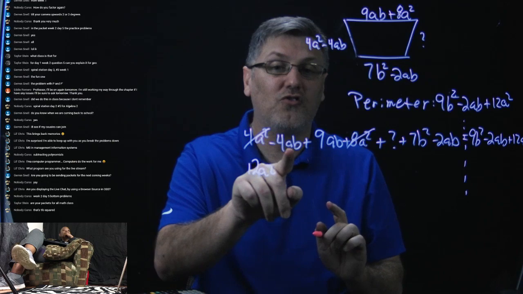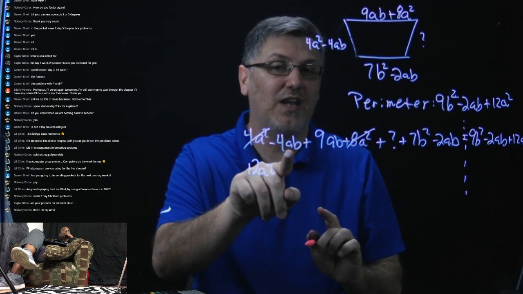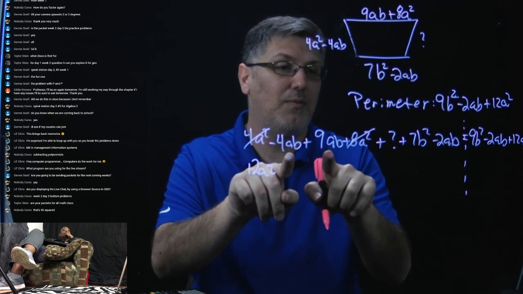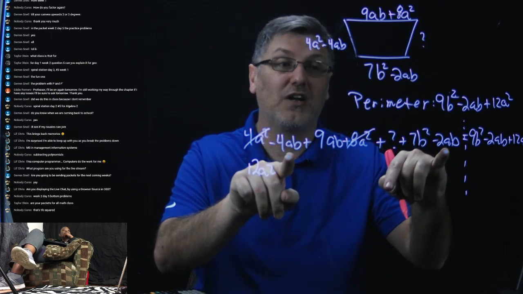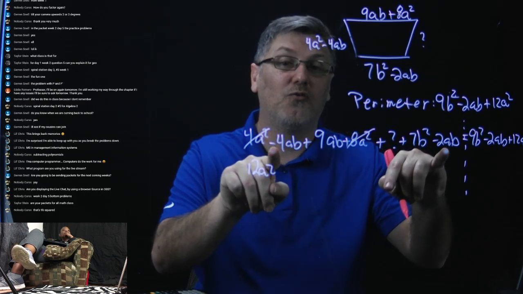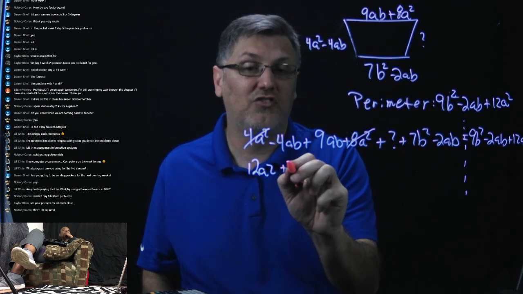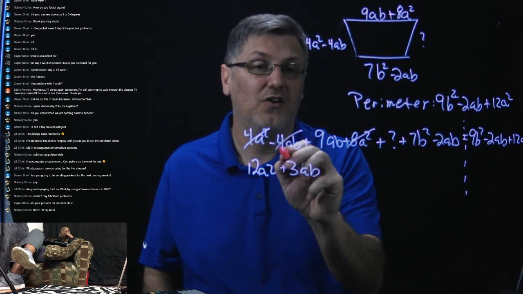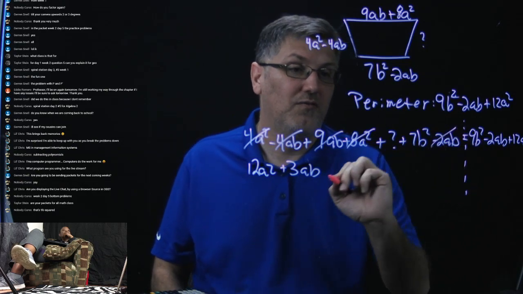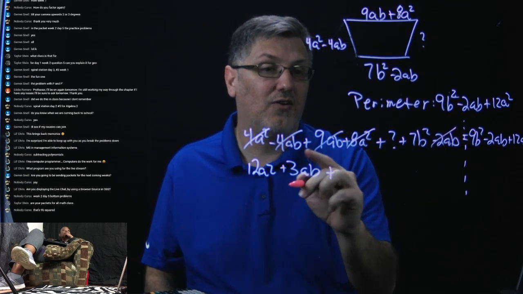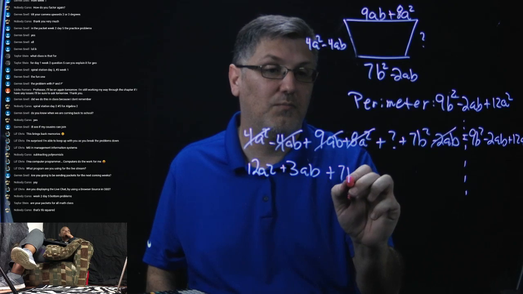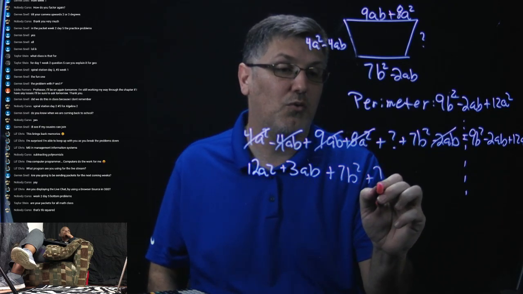All right, so now I'm going to go to this ab. I want to look for something else that has an ab. So I have a negative 4ab, a 9ab, and a negative 2ab. So I can simplify this down. So 4 minus 9 is 5, minus 2 is 3. So I have plus 3ab. So these are done. Now I have plus, I only have 1b squared, 7b squared, plus my question mark.